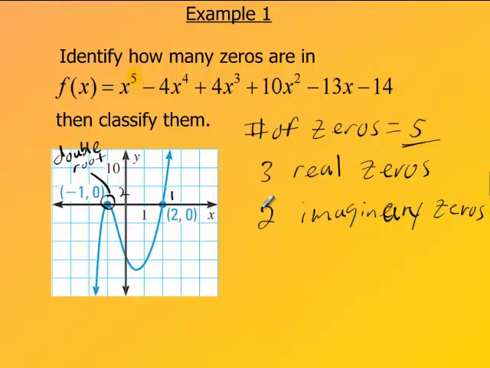So making for a total of 5. So that's how we could read something. So we have to be careful. We have to be aware of these double roots, and sometimes we get triple roots. But mainly I want you to be aware of these double roots. And then what we don't see on the real number plane, we can then deduce how many imaginary zeros there are going to be.